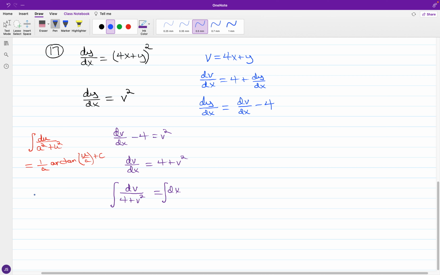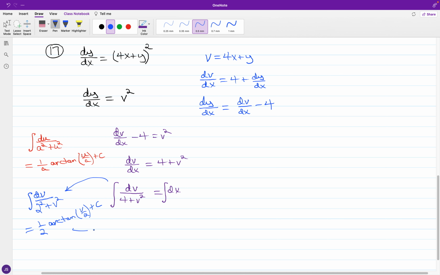If you notice, we have dv all over 4 plus v squared. This will be the same as dv over 2 squared plus v squared, and 1 over a is going to be 1/2 of the arctangent of v over 2, followed by the constant.